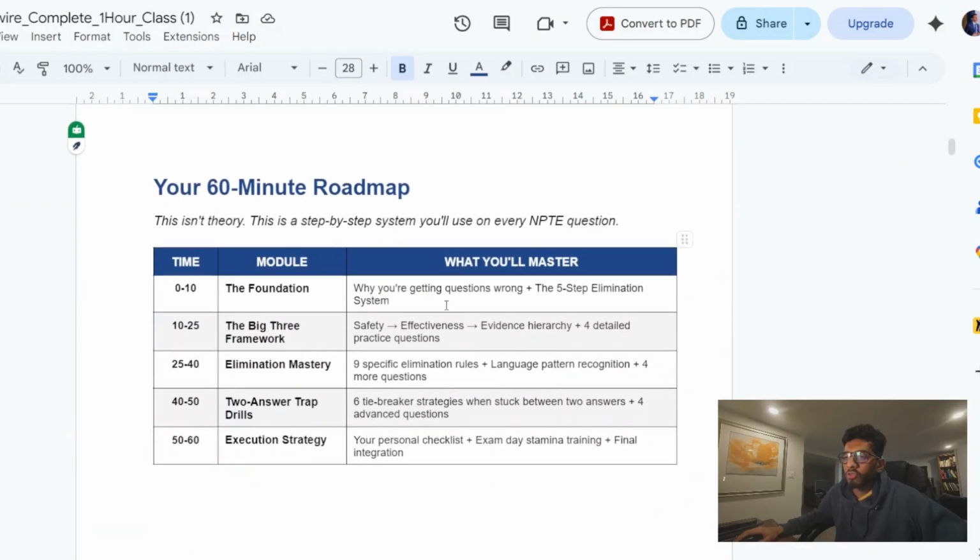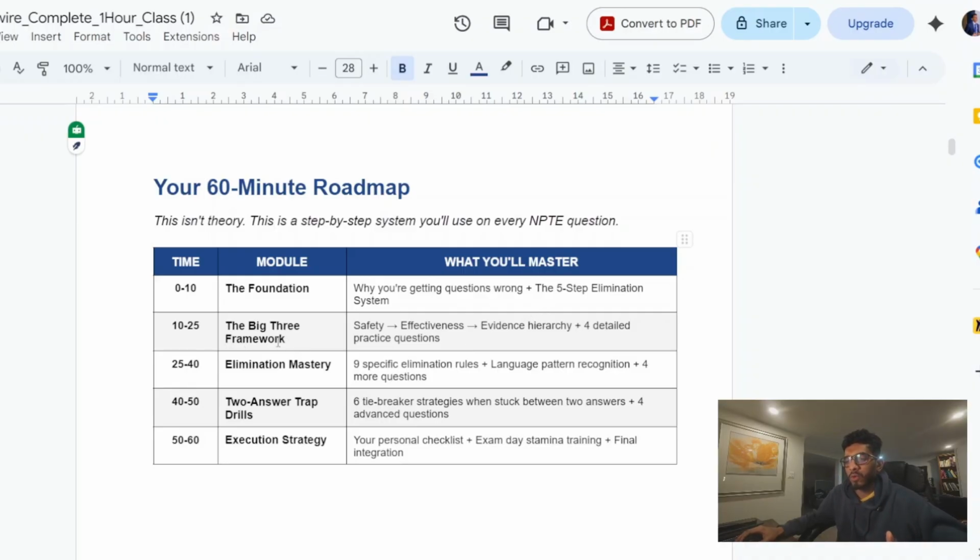So a 60-minute roadmap goes like this, right? This isn't some theory, this is a step-by-step system you will use on every NPTE question. In the first 0 to 10 minutes, we're looking into the foundation: why you are getting questions wrong, and the 5-step elimination system.